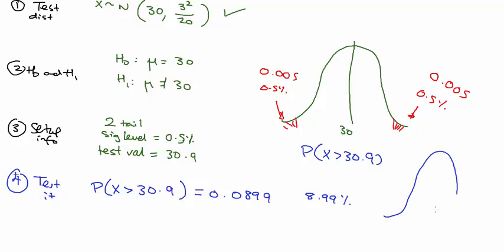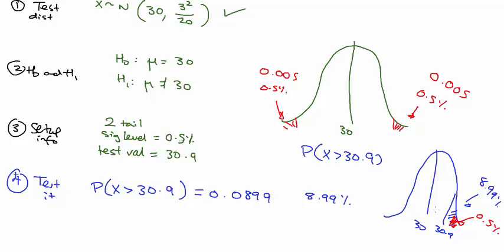So here's what we found out. If that's 30, and I'm testing at 30.9, I know that's 8.99%. This is nowhere close to the 0.5% I need.